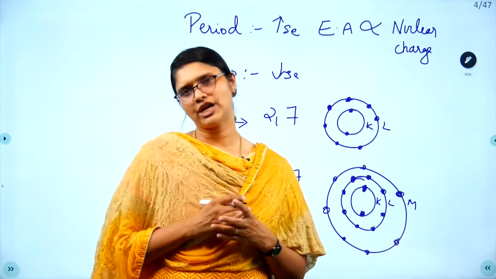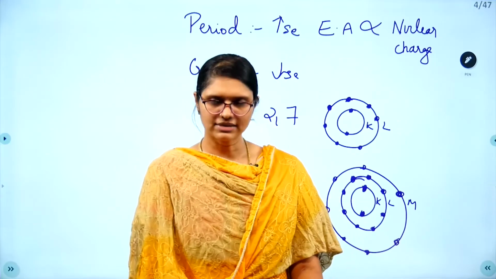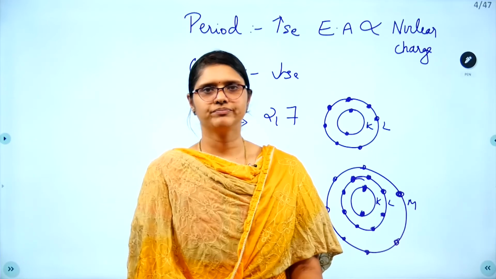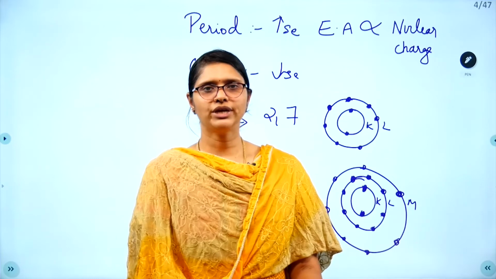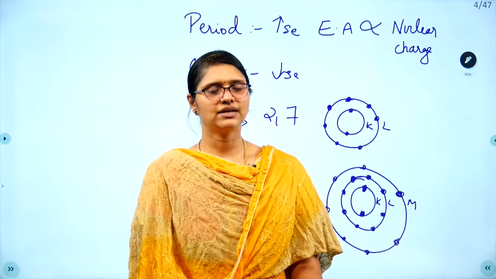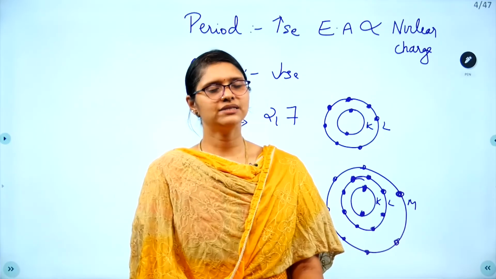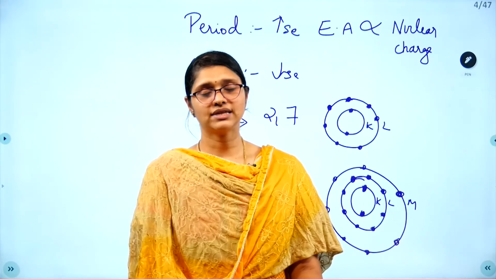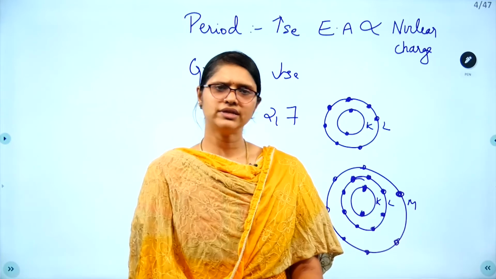So what is the electron gain enthalpy definition? When you add an electron, it will accept the electron and become an anion and release energy. So if you compare fluorine and chlorine, fluorine is supposed to be the most, but it is less compared to chlorine. The reason: fluorine has K and L shells, the L shell maximum capacity is 8, but already 7 electrons are there.